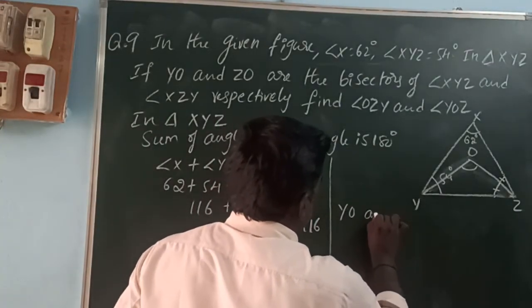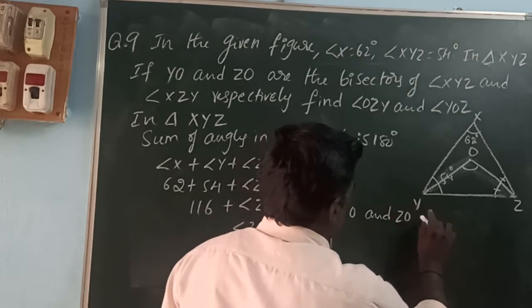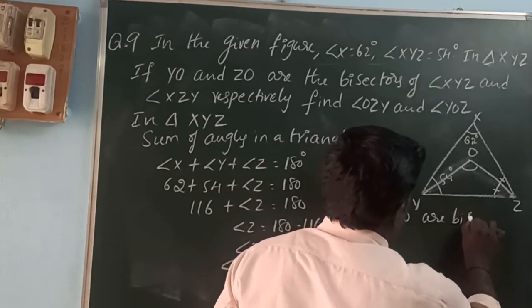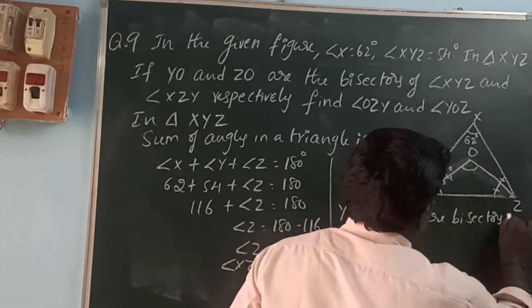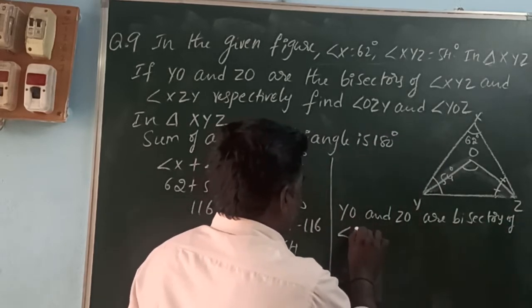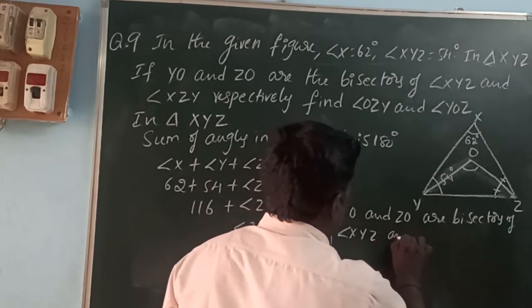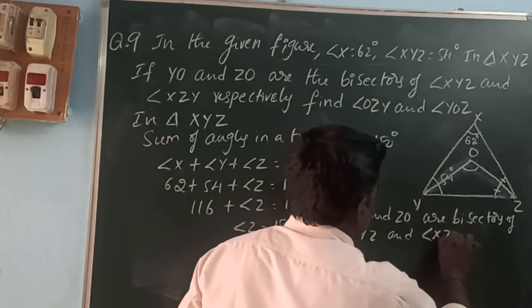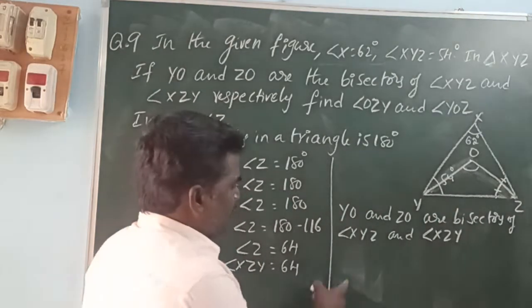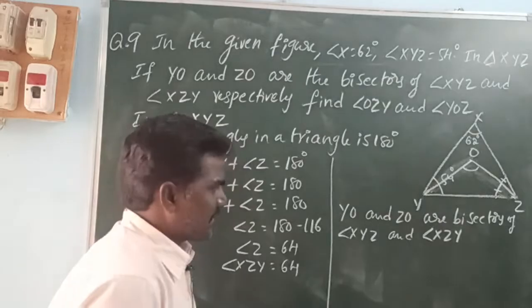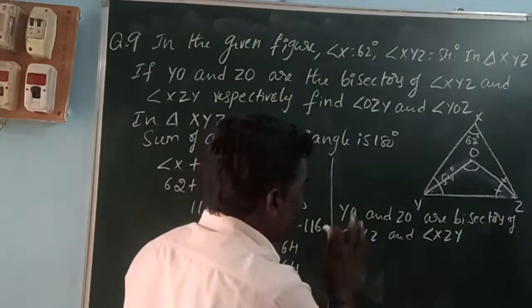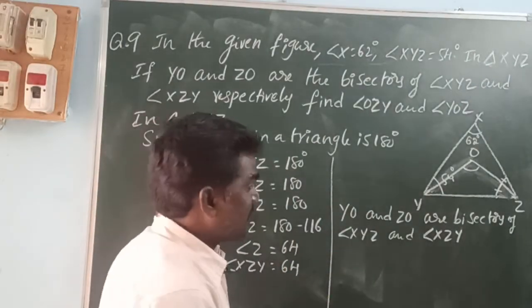So here they have given that YO and ZO are bisectors of angle XYZ and angle XZY. So when XYZ is bisected by the YO line, how many angles are formed? Two angles. The two angles are equal.